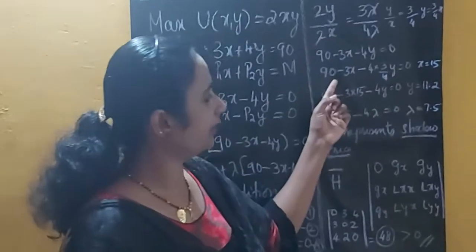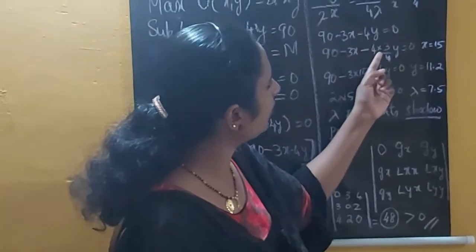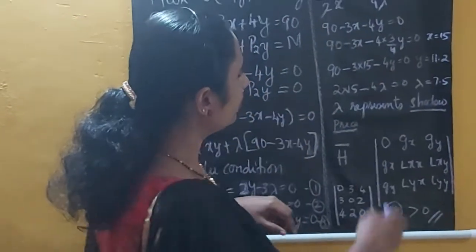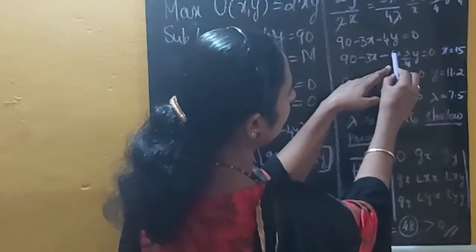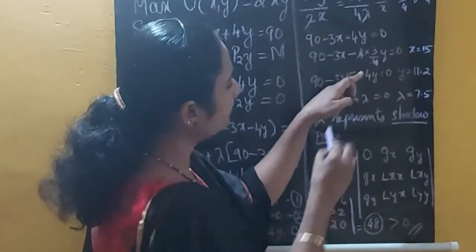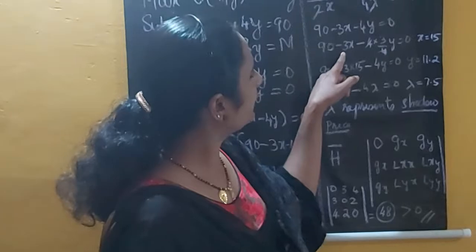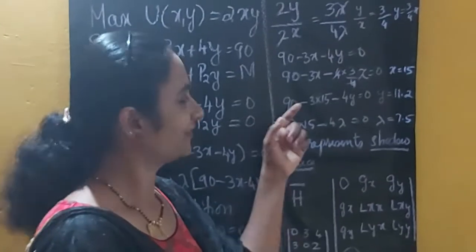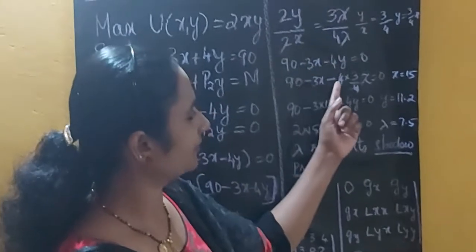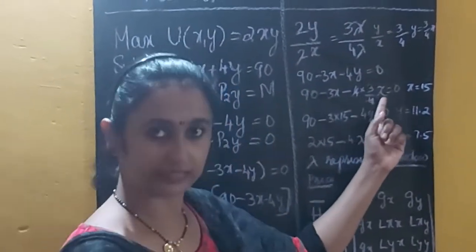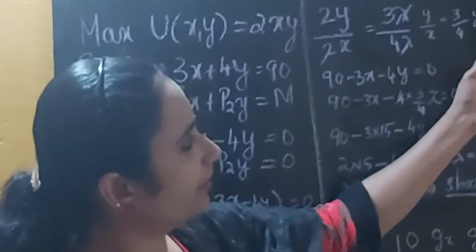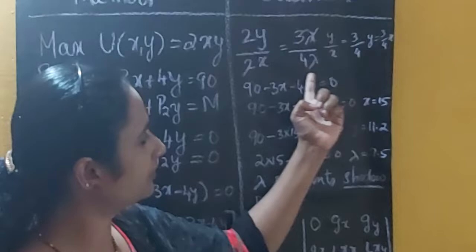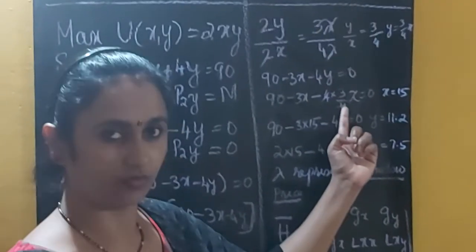So what will happen? 90 minus 3x minus 4 into 3 by 4 x equal to 0, that is, y equal to 3 by 4 x. So we are substituting 3 by 4 x in place of y.